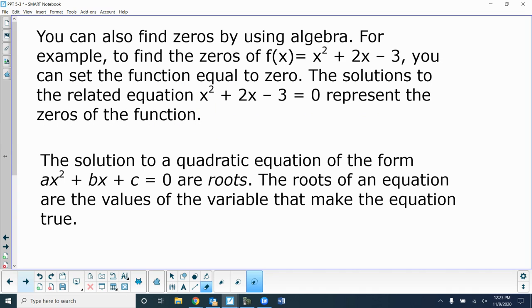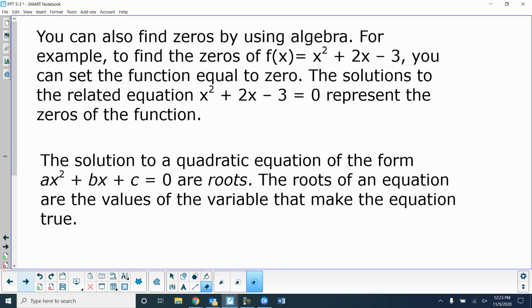Okay, you can also find zeros by using algebra. This is where the factoring comes in. For example, to find the zeros of f of x equals x squared plus 2x minus 3, you can set the function equal to 0. So that's what we always do, set it equal to 0. And then we factor it, okay? The solutions to a quadratic equation of the form ax squared plus bx plus c equals 0 are roots.